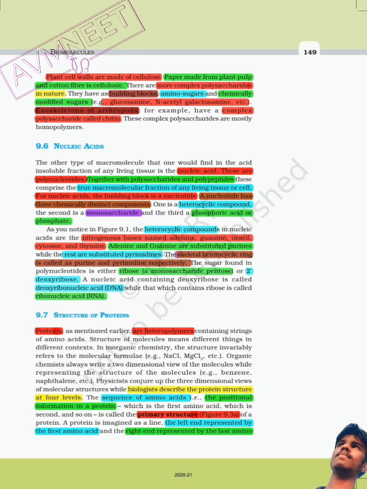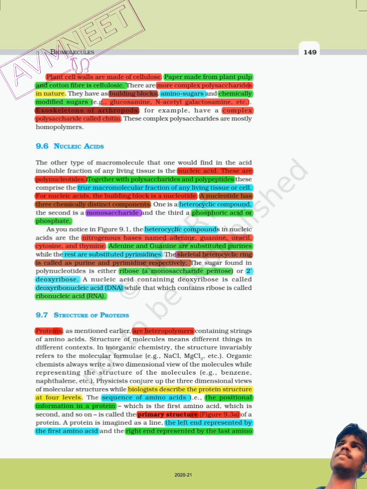9.6 Nucleic acids. The other type of macromolecule that one would find in the acid-insoluble fraction of any living tissue is the nucleic acid. These are polynucleotides. Together with polysaccharides and polypeptides, these comprise the true macromolecular fraction of any living tissue or cell.